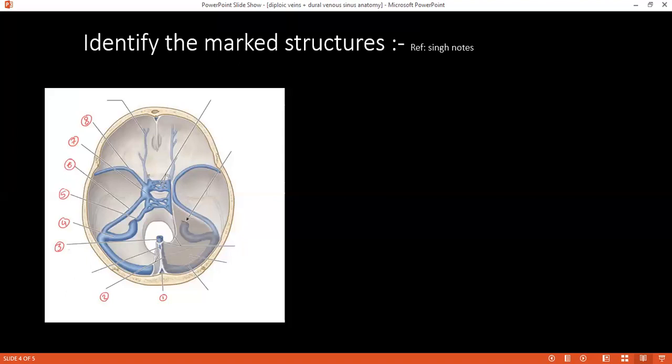Good. Can you tell me what you understand by the term cavernous sinus? Cavernous sinus is a paired venous sinus located on either side of the sella turcica. It drains the ophthalmic vein, facial vein, sphenoparietal sinus, and emissary veins, and it drains into the superior and inferior petrosal sinuses and internal jugular vein. All right.